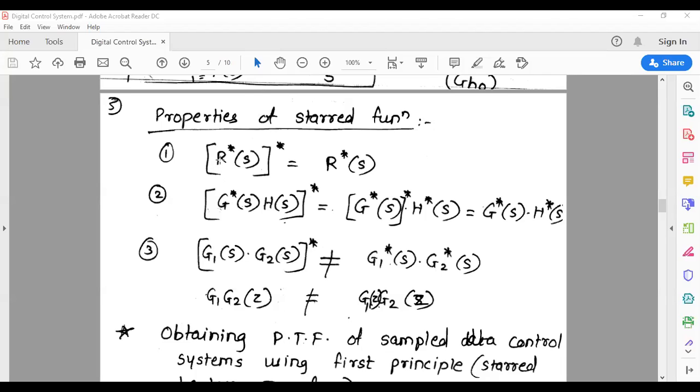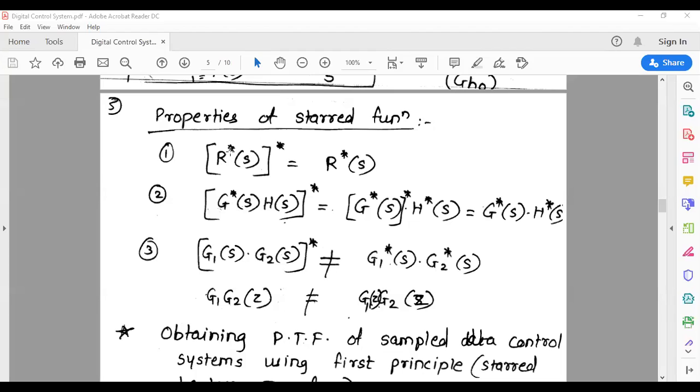The first property that you have is R star of S. Now we always know that star is nothing but a digital signal. It is a digitized or maybe a discrete one. A signal which is already discrete or digital, or which is already a sampled one, to be very specific, I am again taking a sample of it. So do you understand the left hand side, everyone?